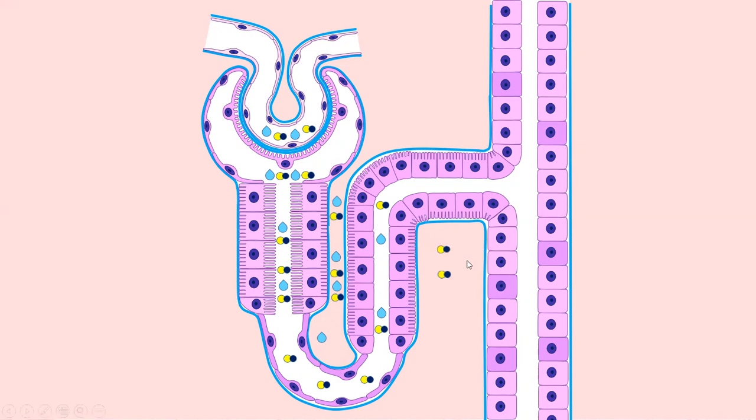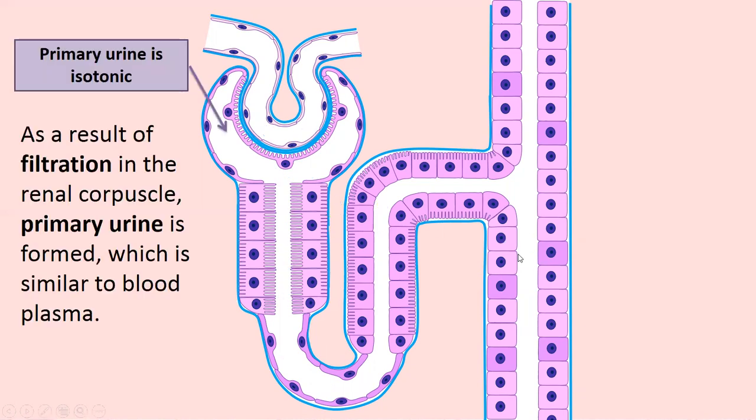And also it helps in the reabsorption of water in the collecting tubules, and water is reabsorbed in the collecting tubules as well. So here we can see the result of this, it's hypertonic concentrated urine. It's secondary final urine.